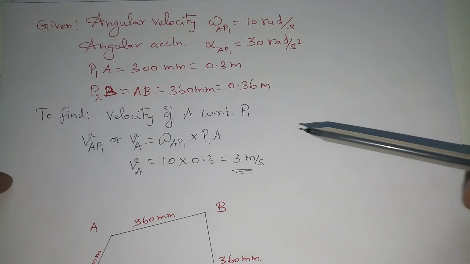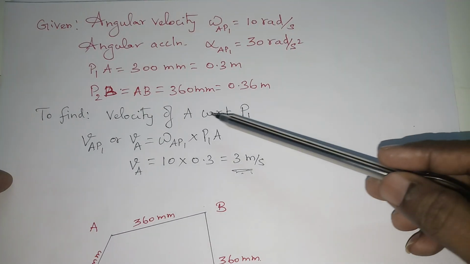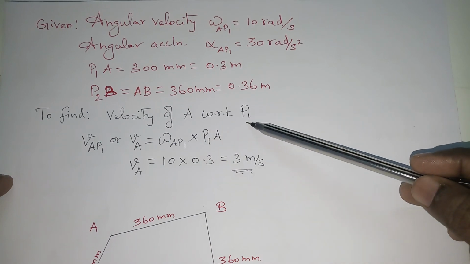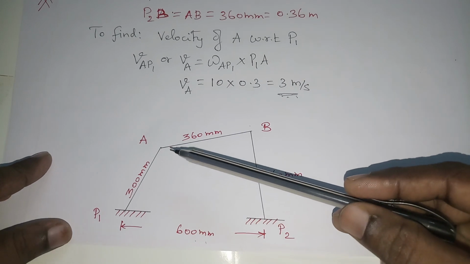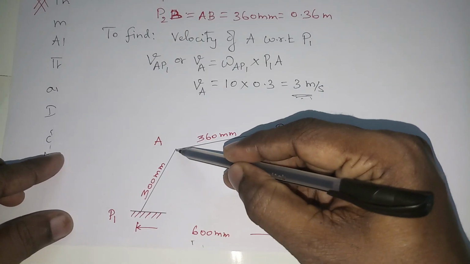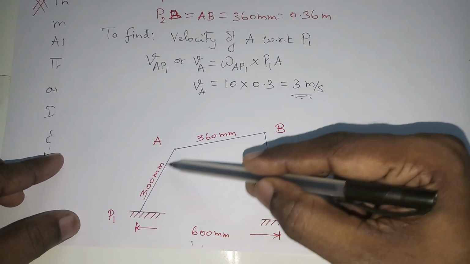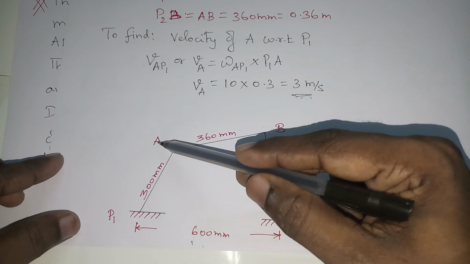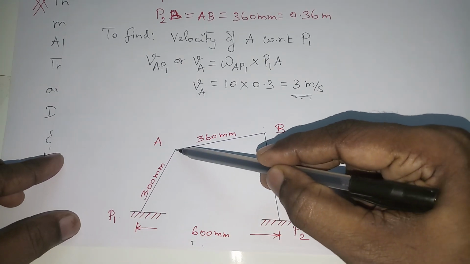Once you know all the given data values, find the velocity of A with respect to P1. For the given 4-bar link, we are going to find the velocity at this point. This point is fixed, so velocity will not be there. If you consider the input link AP1, this end is fixed, so the velocity will be acting at this particular point.